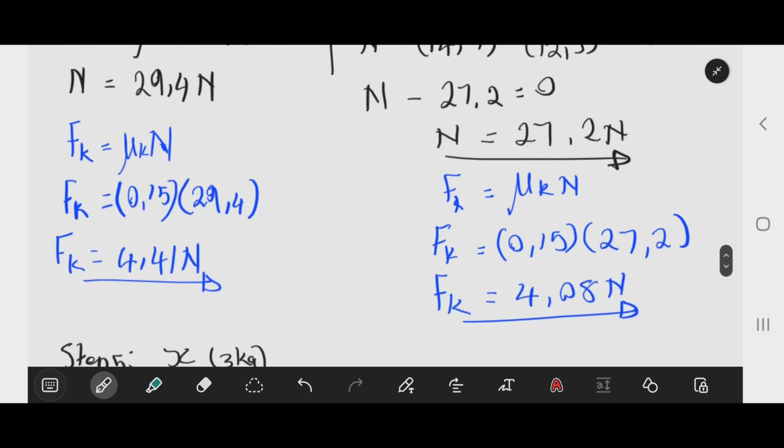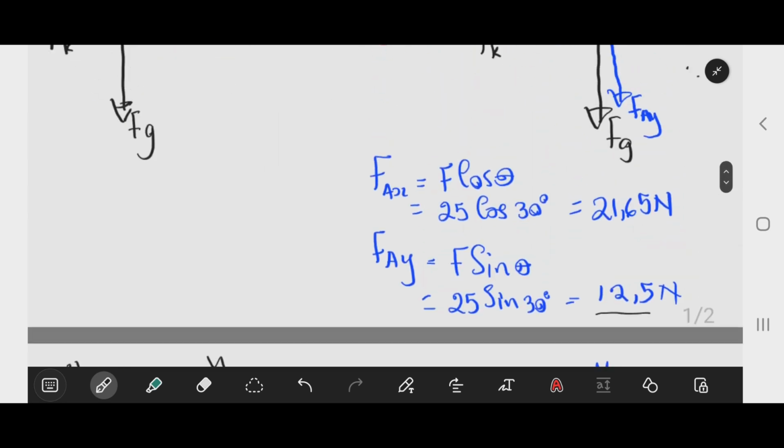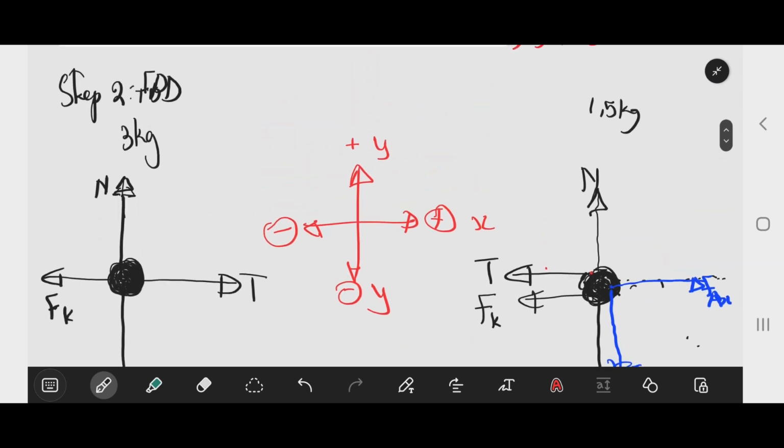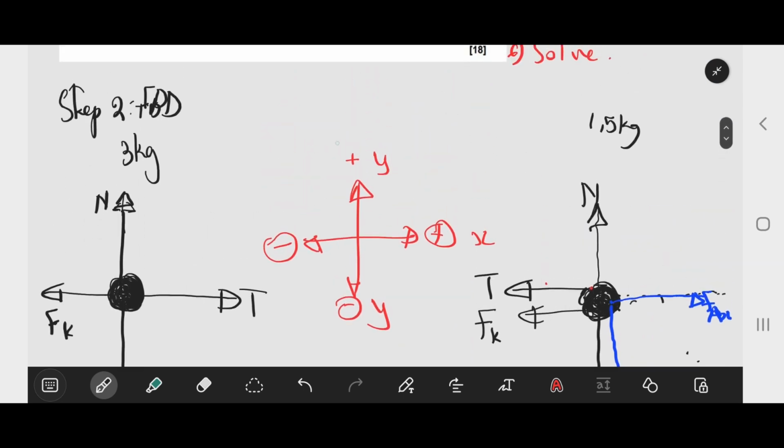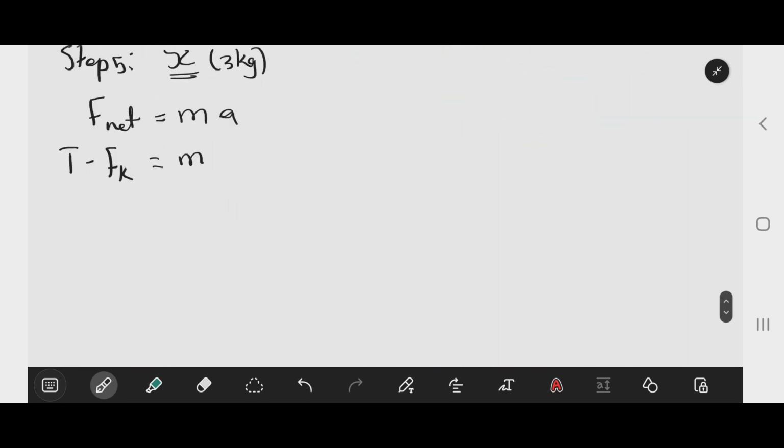So that would be tension minus friction, equal to the mass of the object multiplied by the acceleration. But remember, acceleration is a vector, so you have to substitute the direction of that acceleration. And since these objects are moving in that direction, the acceleration would be positive. So that is positive a.